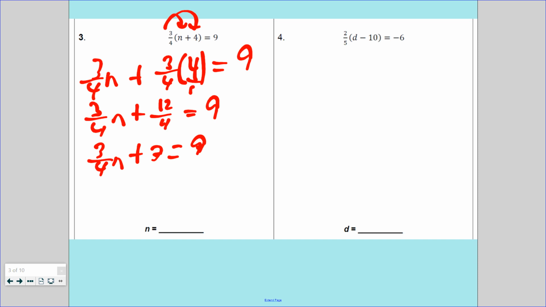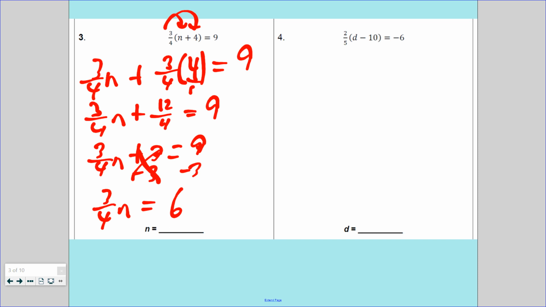Now let's solve for n. What is the inverse operation of plus 3? Minus 3. Don't forget to balance it on the other side. It cancels, because it's a zero pair. So it's 3/4 n equals 6. Now I need to solve for n. In a previous video, we talked about reciprocals. I need to divide both sides by 3/4.